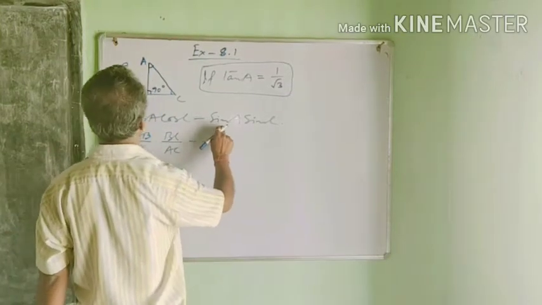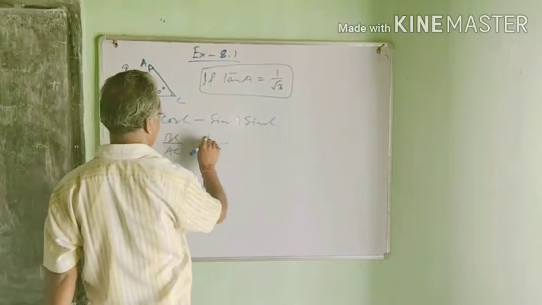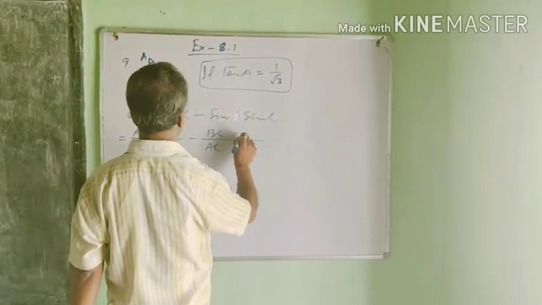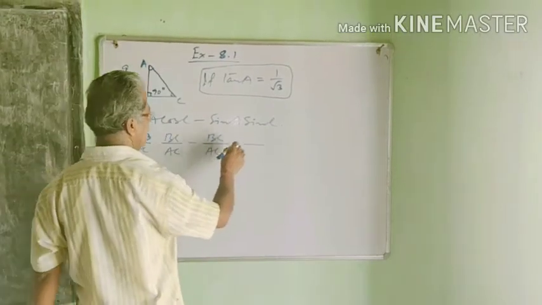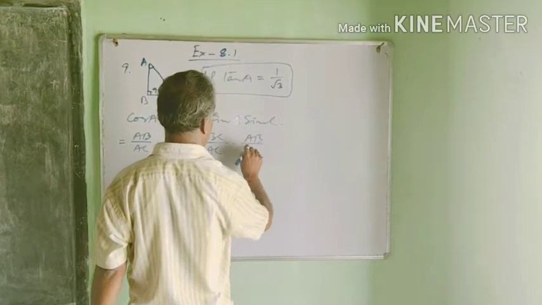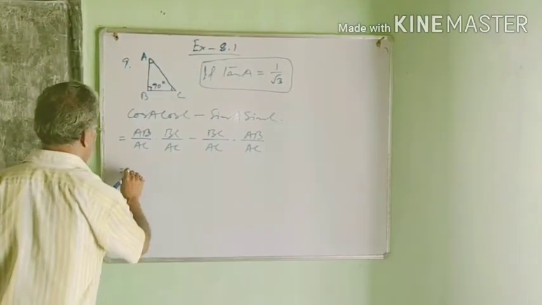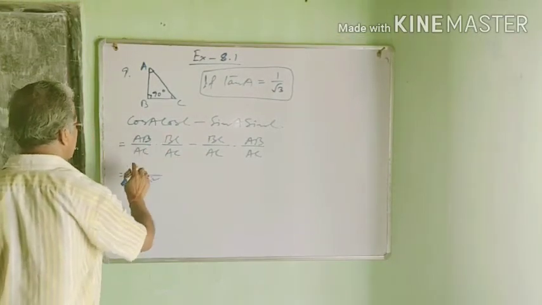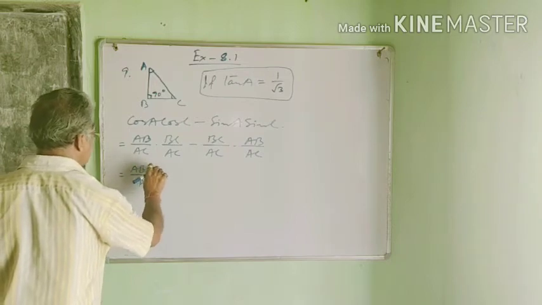Minus sin A. Sin A is BC by AC. Sin C, AB by AC. AC into AC, AC square, it is AB into BC.